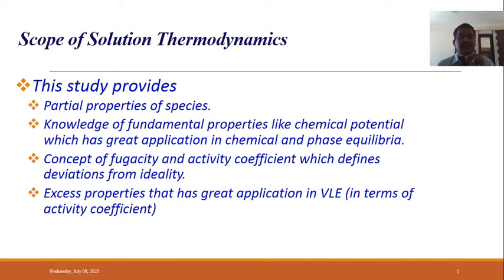Excess property is the difference between your actual and ideal solution properties, such as actual Gibbs energy minus ideal solution Gibbs energy. That is your excess Gibbs energy. This is very important in the calculation of VLE, vapor liquid equilibrium.